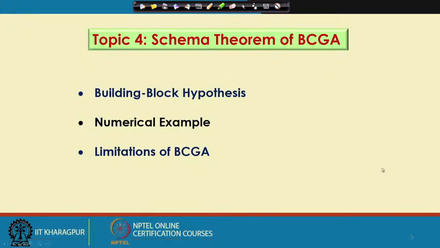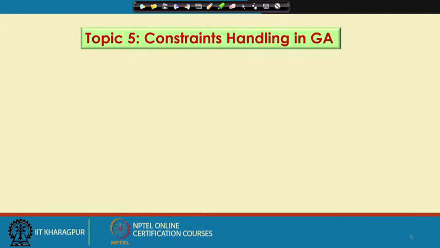Now, the next topic is constraint handling in genetic algorithm. Genetic algorithm can solve both the unconstrained as well as the constrained optimization problem.